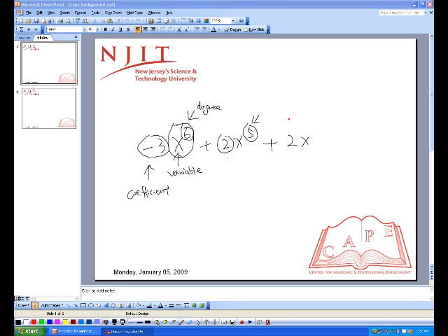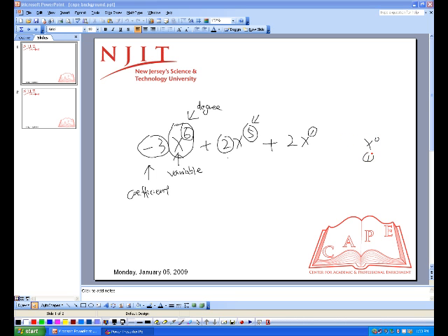The coefficient of the degree 1 term: because x is equivalent to x to the first power, the coefficient of that term will be 2. What's the coefficient of the degree 0 term? Degree 0 is x to the 0th power, which is 1.